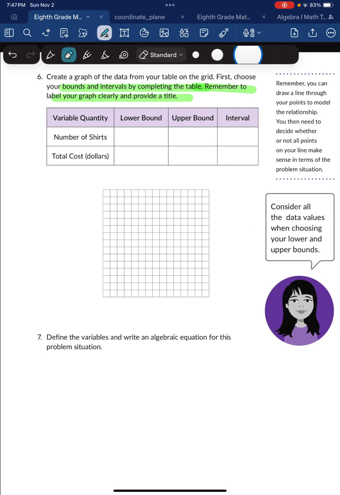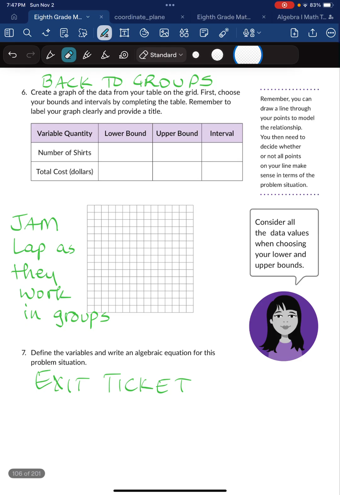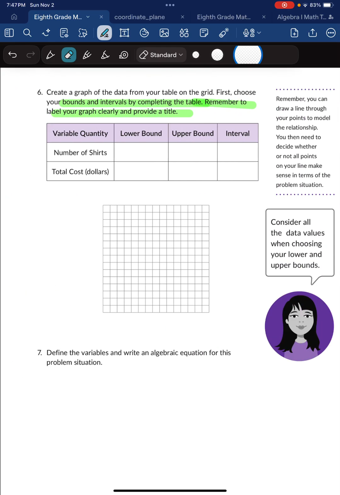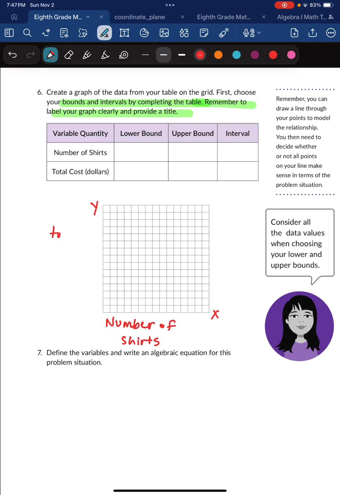So we're going to have the number of shirts. Let's do our X and Y axes first. So this is going to be our X and this is going to be our Y. So our number of shirts is going to be down here. And on the side is going to be the total cost in dollars.